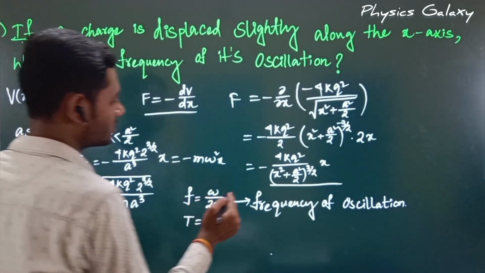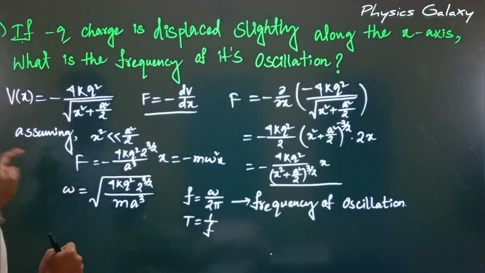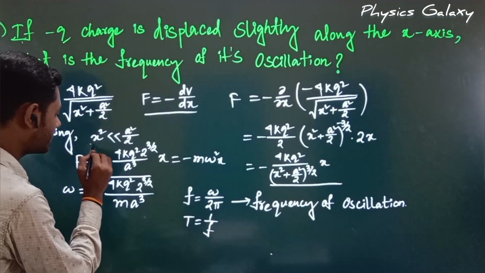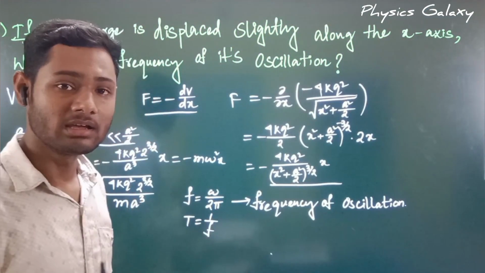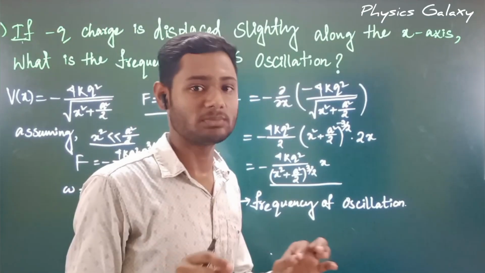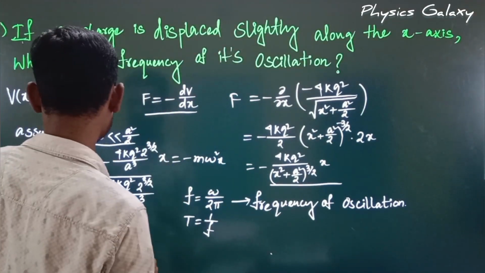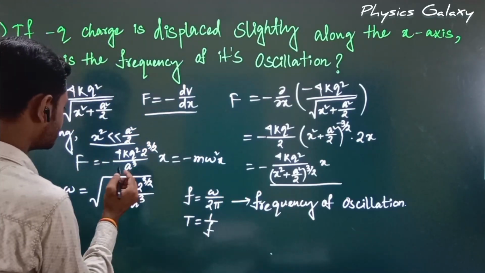Here we assume that this displacement is very small, meaning x square is much smaller than the side length of the square, so if we approximate this thing, we will get this answer.